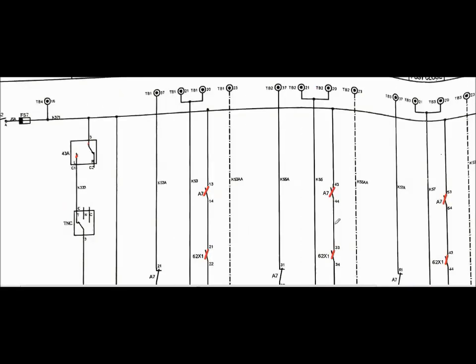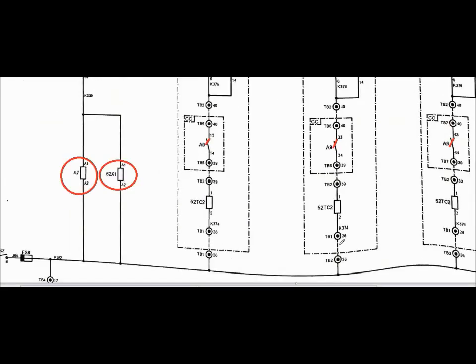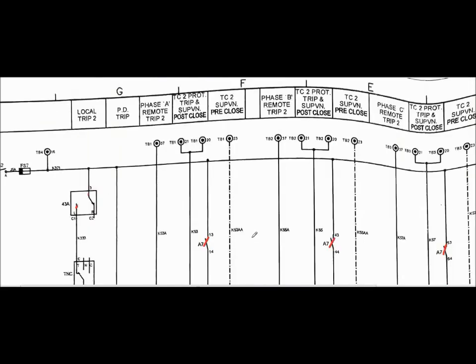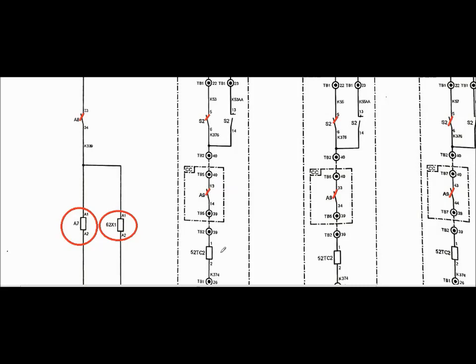Here single phase tripping is allowed during a fault. If there is a transient fault in red phase, the circuit breaker will trip only in red phase, only the red phase trip coil will be energized.